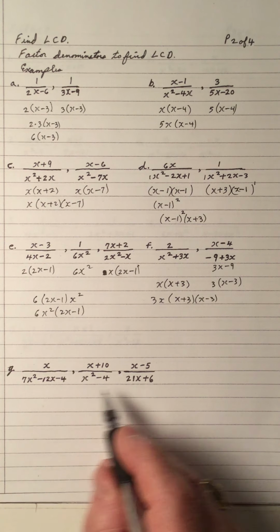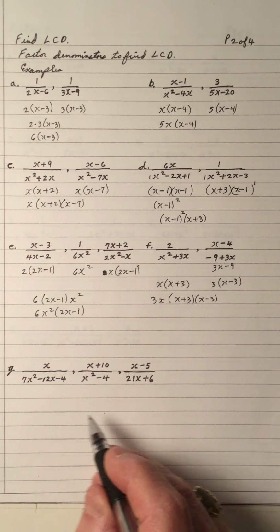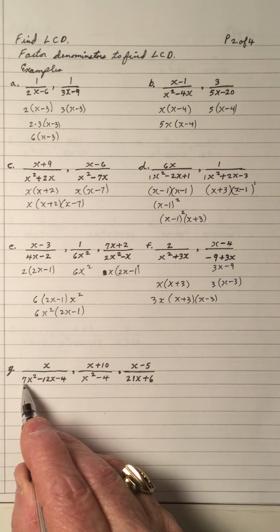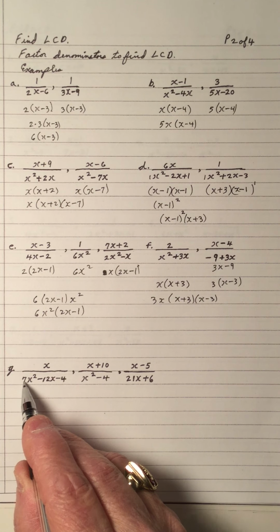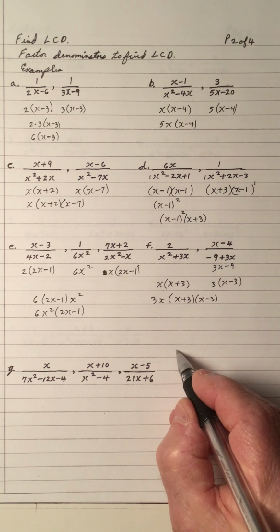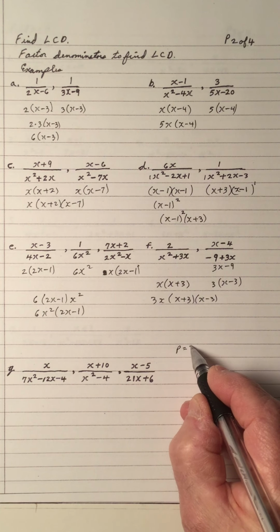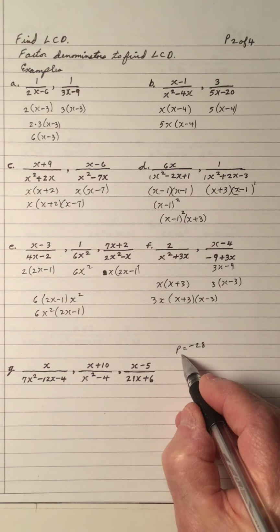And G, do we have them in descending order? Yes. Yes. Yes. But notice this one now. 7 is not a GCF. So that means I have to go 7 times negative 4 and get a product of negative 28. The sum is negative 12.